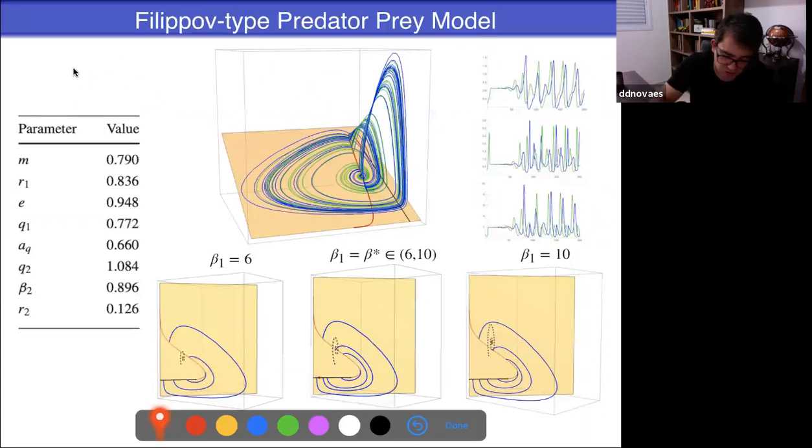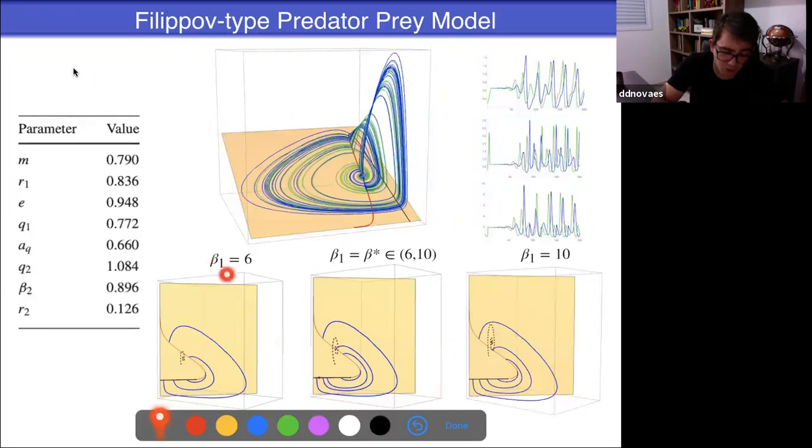This structure is the same in the three situations, okay? And we let one of the parameters, beta 1, be free in order to change what's happening here. But this structure is fixed, and what changes with beta 1 is the position of the focus in the sliding vector field.